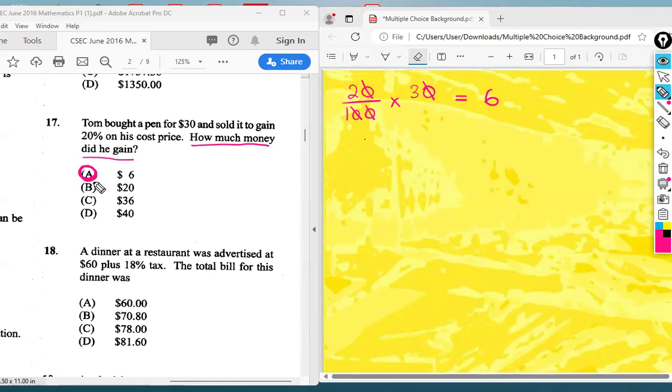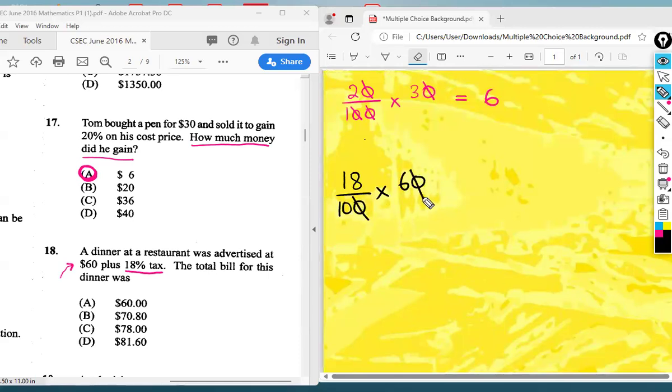Number 18, you just have to pretend you are this person going to the restaurant. So they tell you it costs $60. Now, if they say it has tax, then obviously you have to pay a little bit more money. You have to pay 18% extra on the $60, unfortunately, right? So that's fine. 18% of 60.